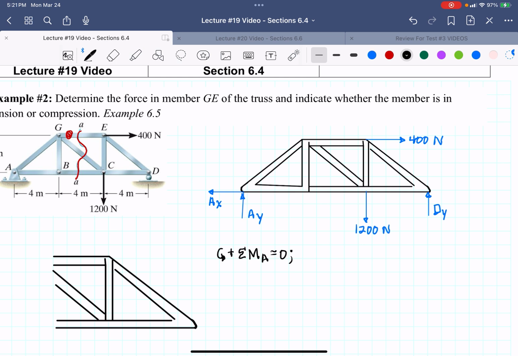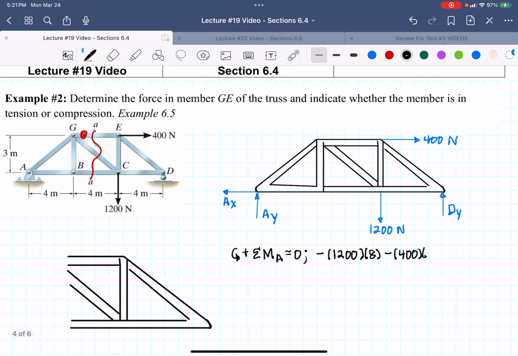So when I'm looking at this, I've got 1,200, and it's going to go in the negative direction because it's going to go clockwise, negative 1,200 times 8. And similarly, the 400 is also negative 400, and it's going to be times 3.